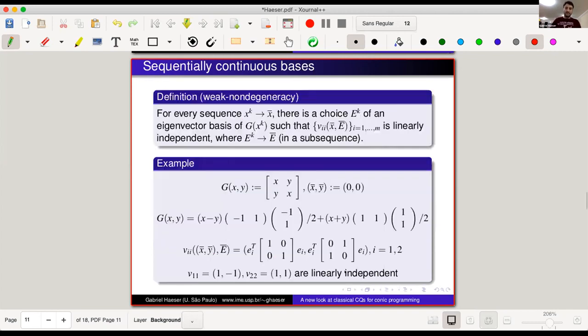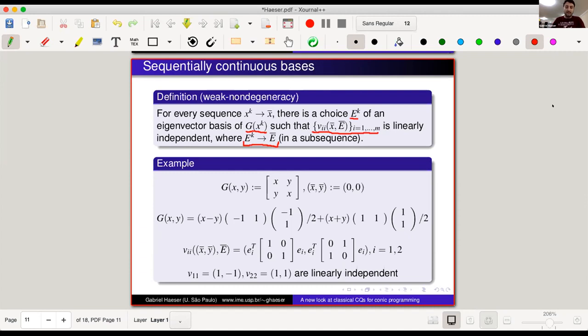So this is our definition of weak non-degeneracy. For every sequence xk converging to x bar, we can make a choice ek of an eigenvector basis of g of xk, such that taking a limit in a subsequence, these vectors are linearly independent, only for this choice of sequences of bases.